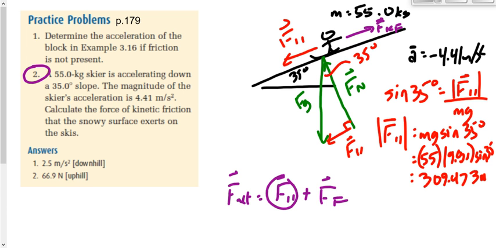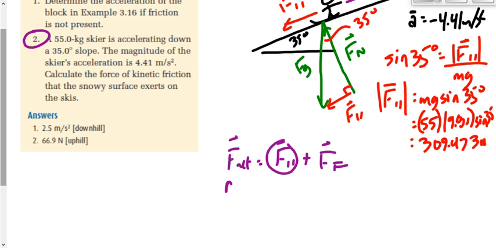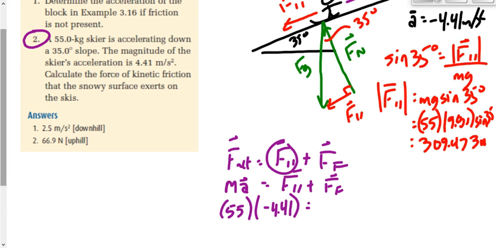Now the net force is also m times a, as we know. We're going to say m is 55. The acceleration is negative 4.41 because we're accelerating down the hill. F parallel is 309.473, plus the force of friction.